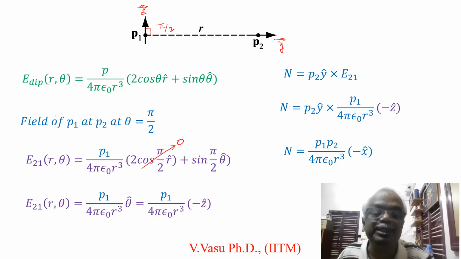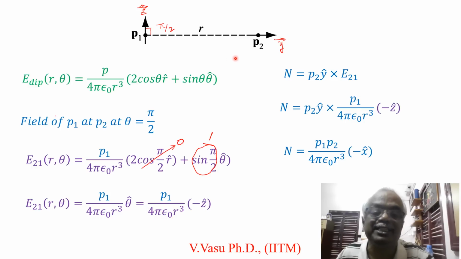And sin pi by 2 is 1. So this will simply become E21 of r and theta equal to p1 divided by 4 pi epsilon naught r cube theta cap.